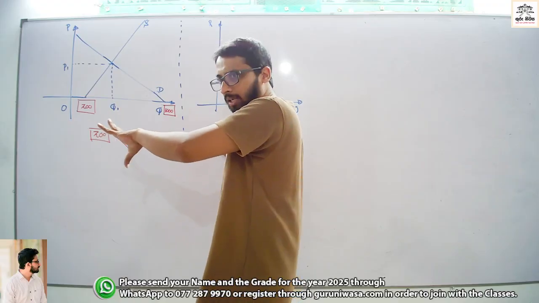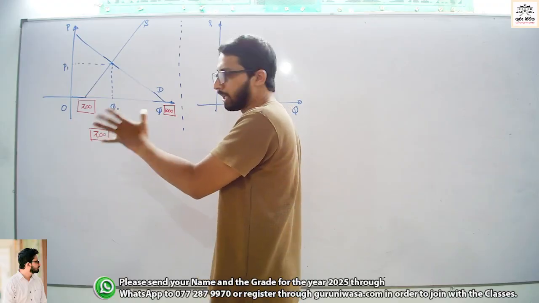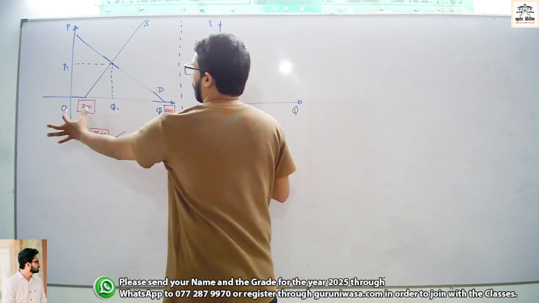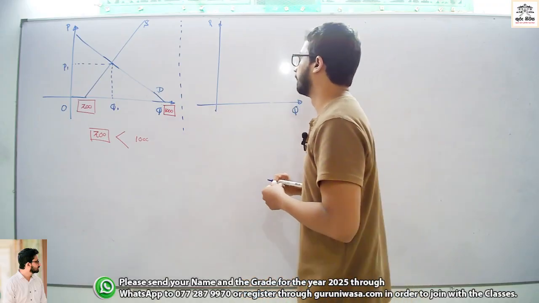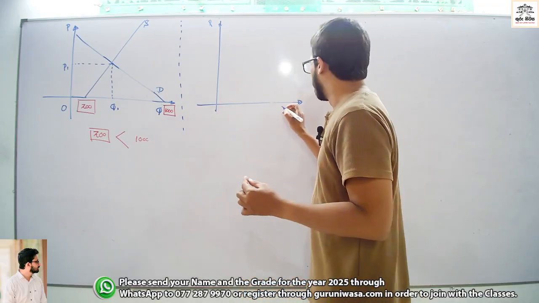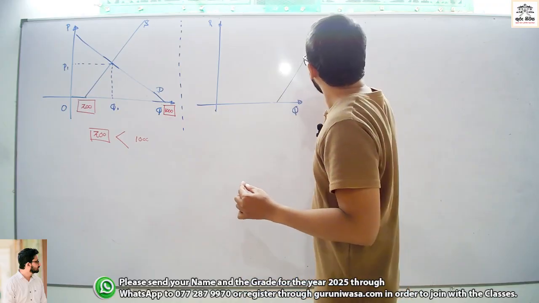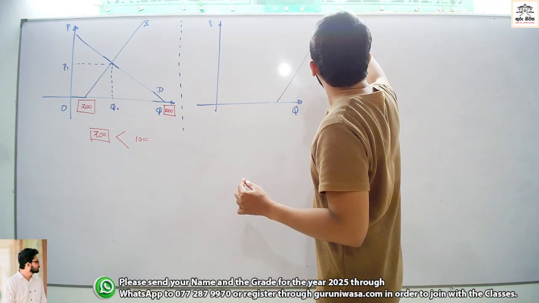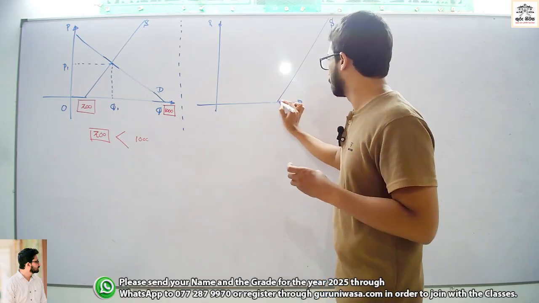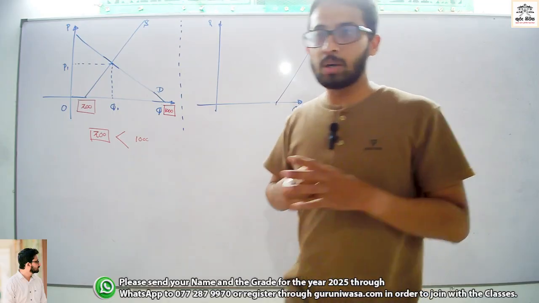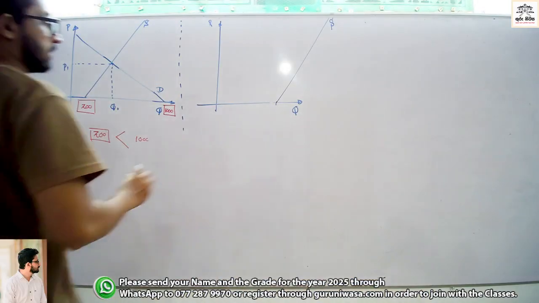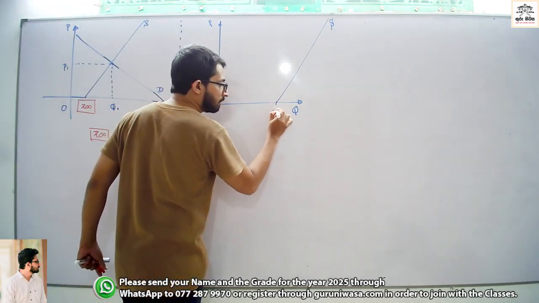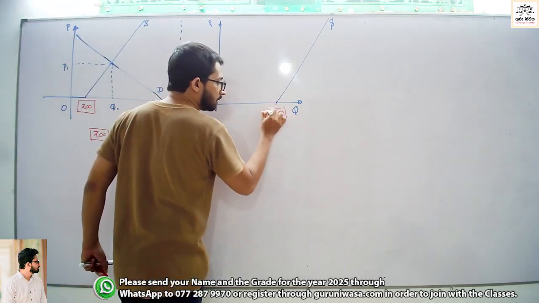This is the original market equilibrium. For an equilibrium, remember, the maximum quantity demanded should be greater than the minimum quantity supplied. If the minimum quantity supplied is more than the maximum quantity demanded, assume here the value is 1000. This is the minimum quantity supplied.